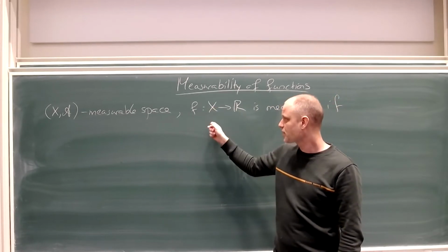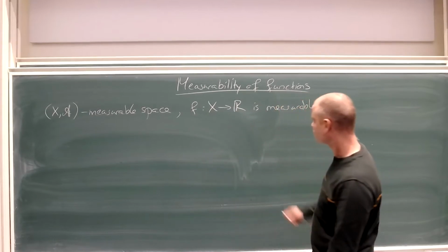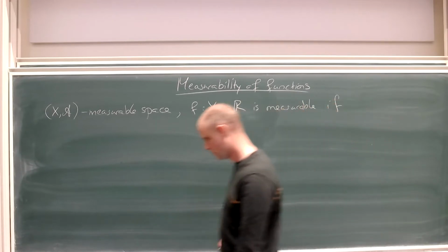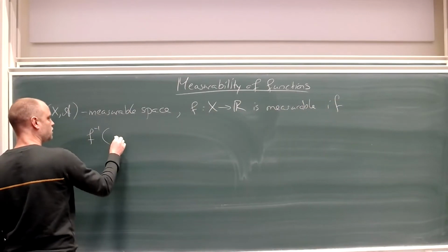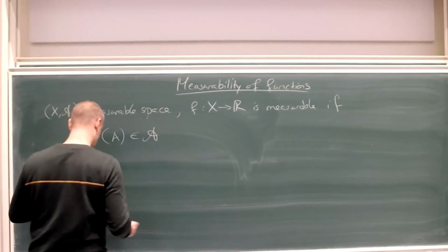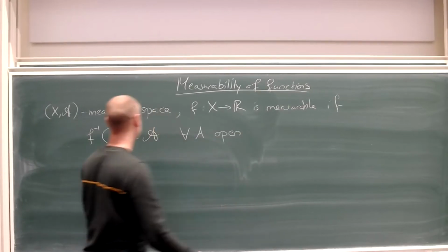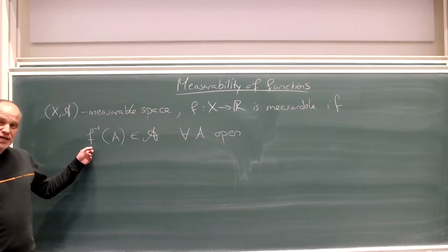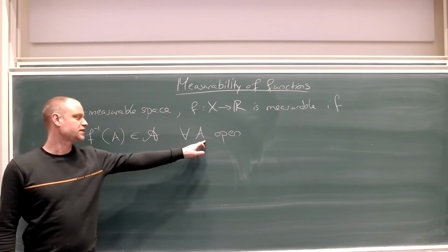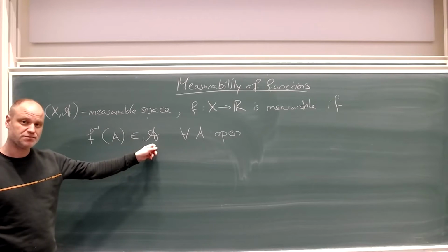X can be as complicated as you want, but here we always have the real line. We call this a measurable function if f minus 1 of A is, if the pre-image of any open set on the real line is in your sigma algebra.